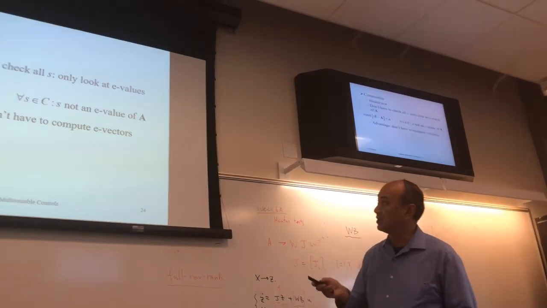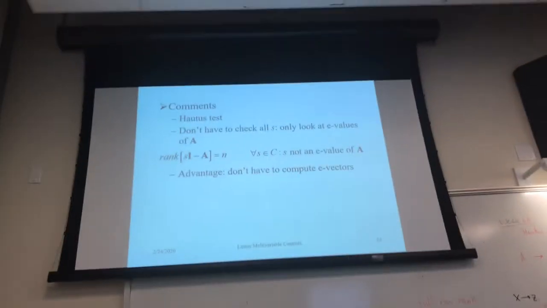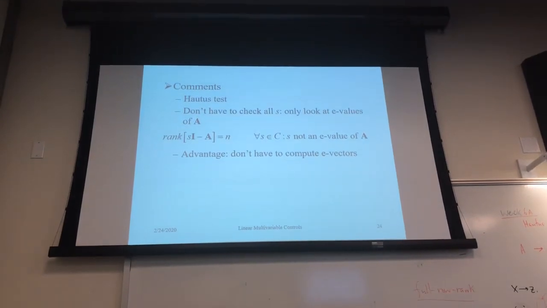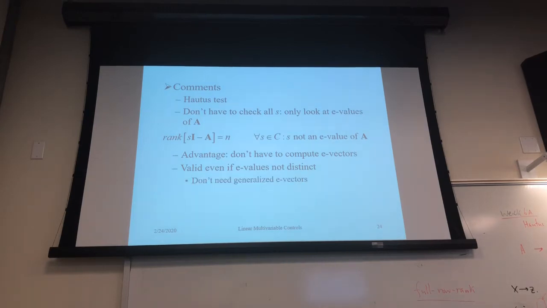So with this one, you don't have to compute eigenvectors. And it is always valid even if the eigenvalues are not distinct, or are repeating. And you don't have to introduce the generalized eigenvector concept. So it's very rudimentary.